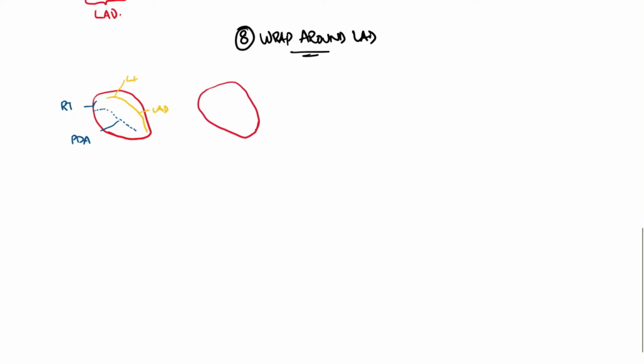In a wraparound version, what tends to happen is the LAD is a longer coronary vessel, and it tends to wrap around the apex of the heart and goes towards the posterior aspect of the heart as well. In this case, the right coronary artery is a relatively smaller vessel. What this tends to do is it affects the posterior aspect of the heart as well.